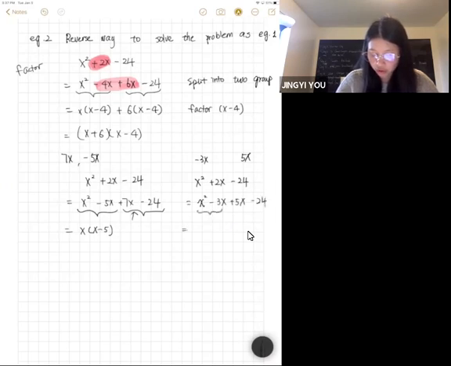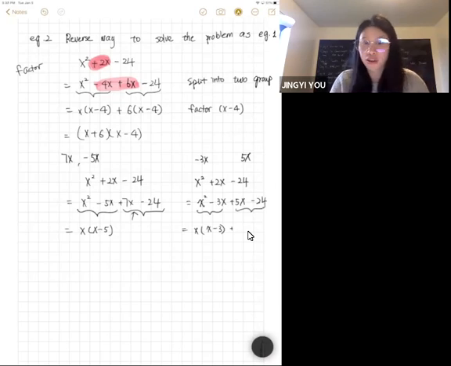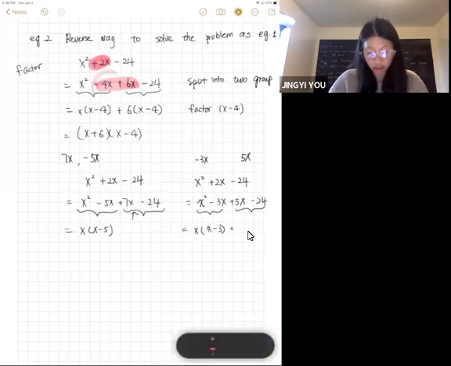For the first two, I factor x out, and I have x minus 3. Our second group, again, 5x and 24 don't have any common factors, so they can't be factored out. So this is another dead end. If it goes on, you will find out that negative 4x and 6x is the only solution that we have.